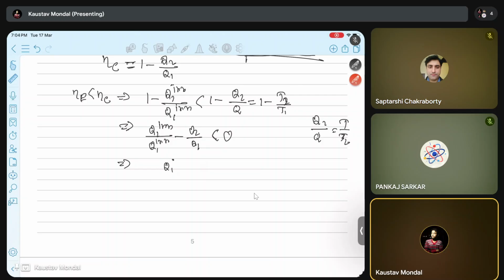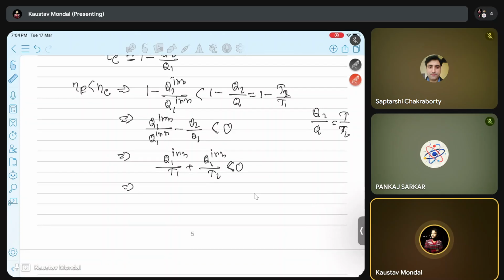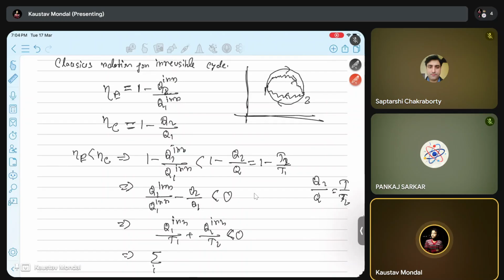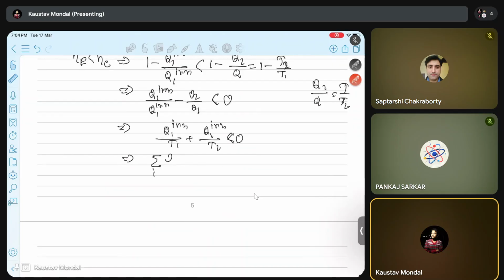So Q1 irreversible by T1 plus Q2 irreversible by T2 is less than 0. So during this whole irreversible process, moving from 1 to 2 and 2 to 1, this sum of Qi by Ti is less than 0.